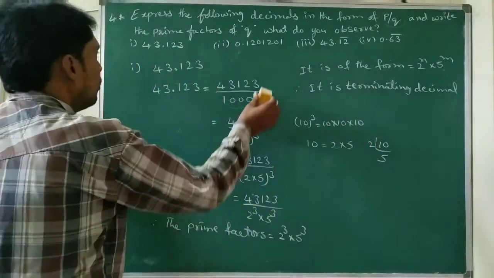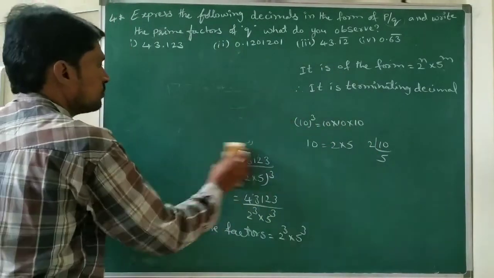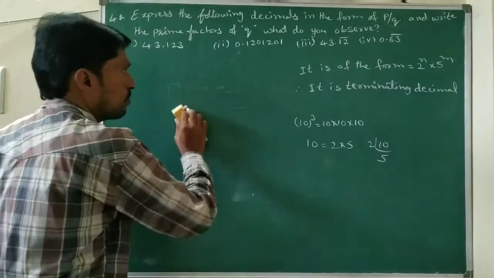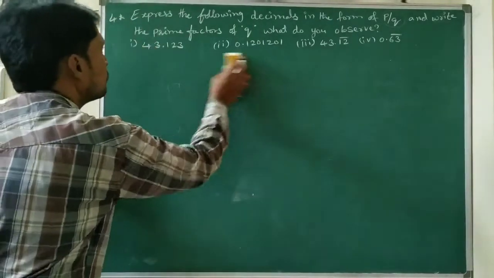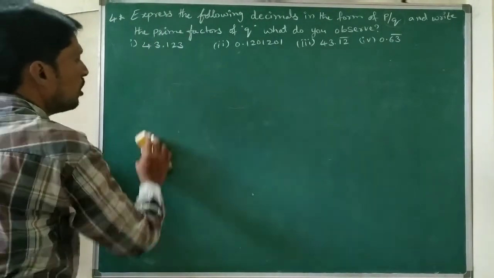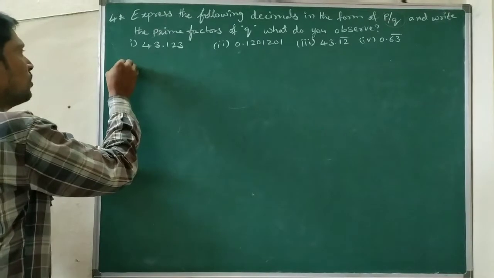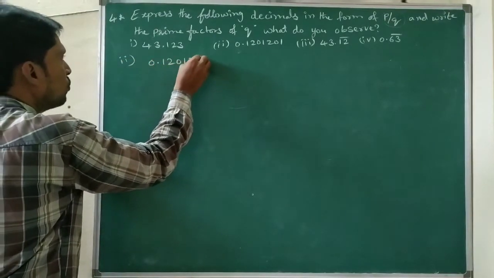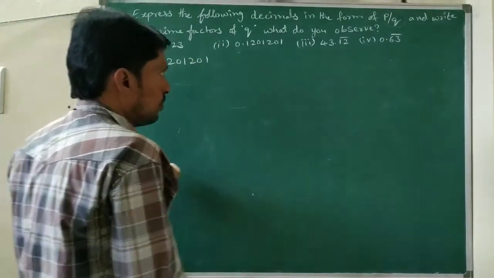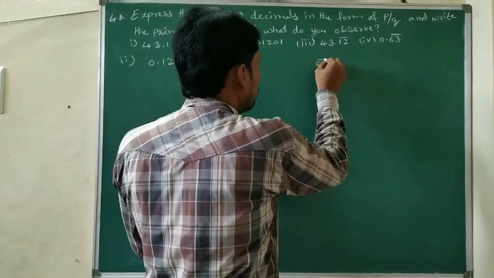Now the second one. Just observe here 0.12012001. One example I want to share with you.